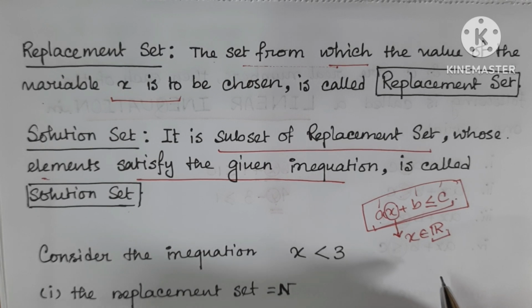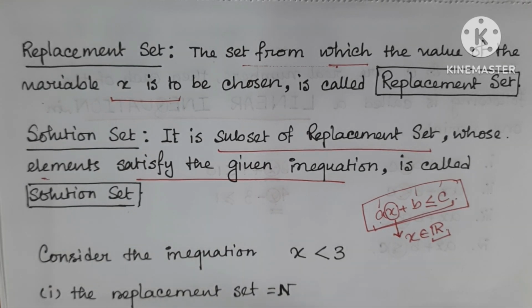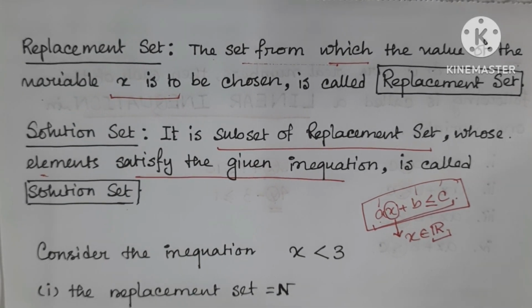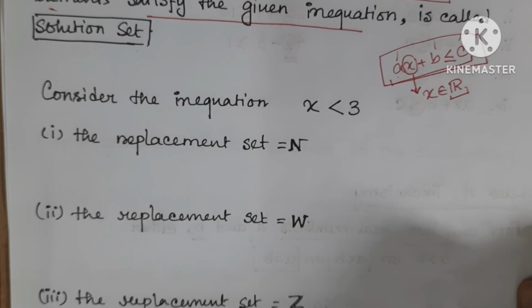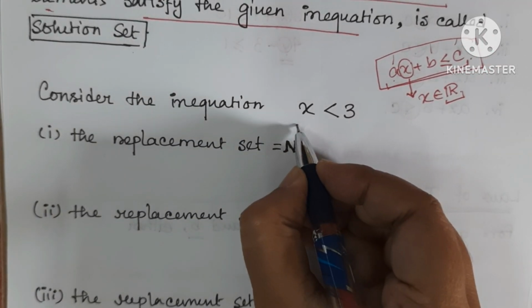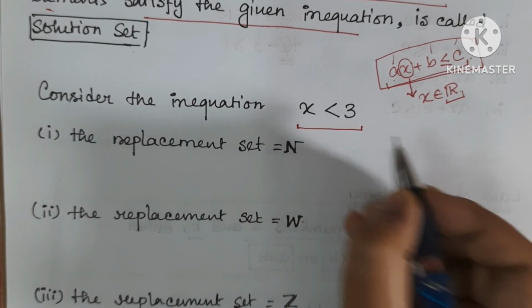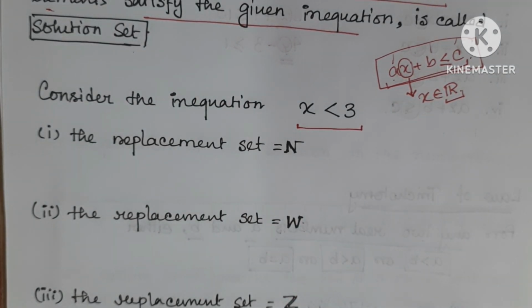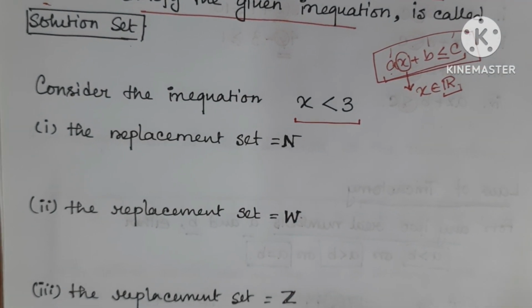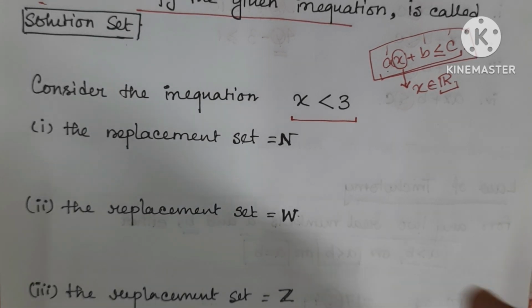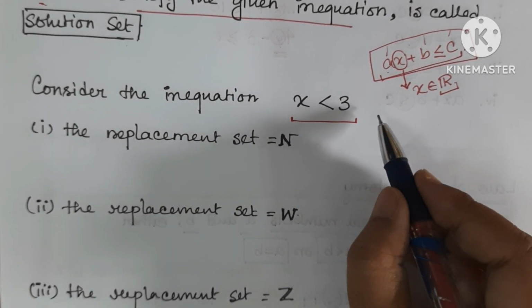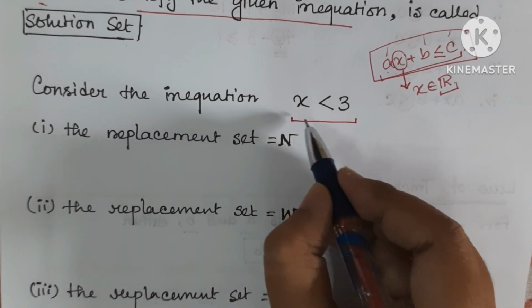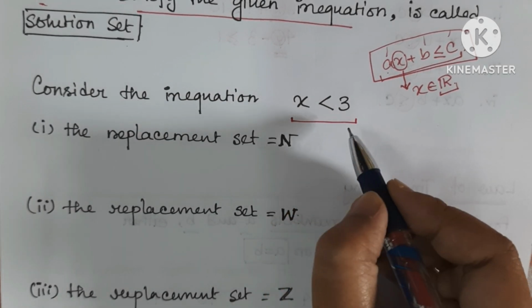Let's understand this with an example. Let's consider this inequation, x less than 3. Suppose you have solved an inequation and you have got this range x less than 3.